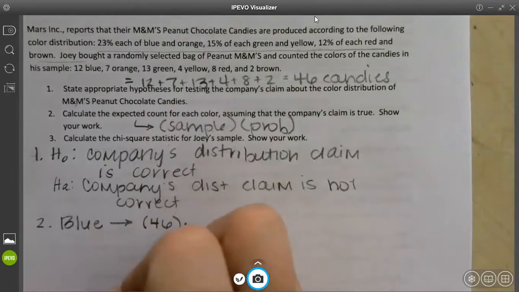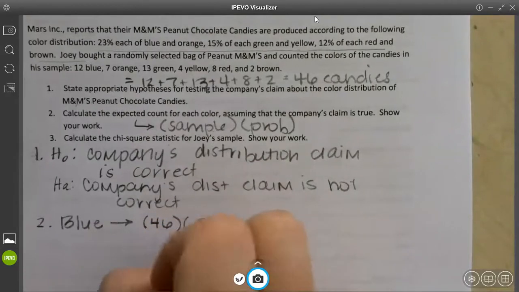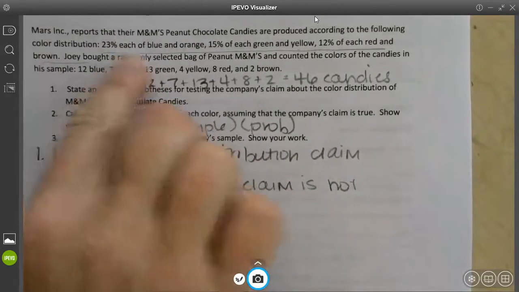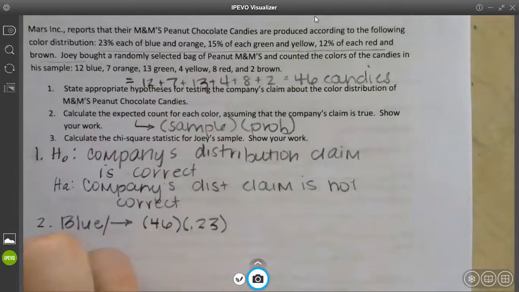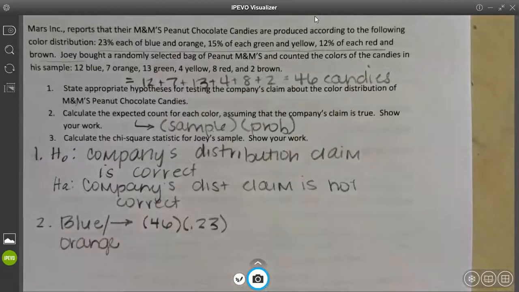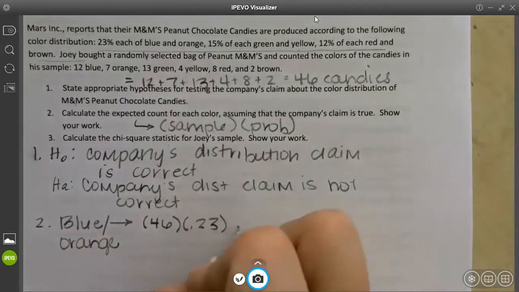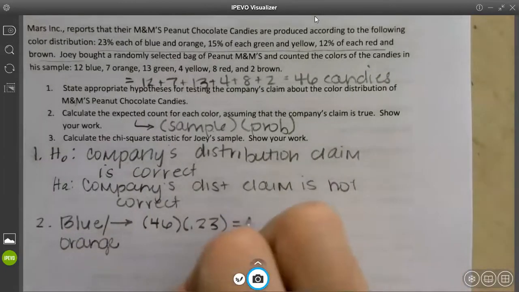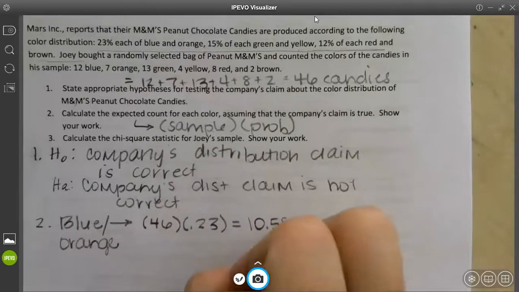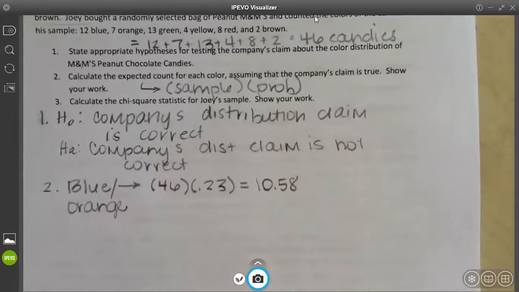For blue, it was 23. And if we look, it says blue and orange. So I'm going to put those two together. 46 times 0.23 is 10.58. Green and yellow were the same.